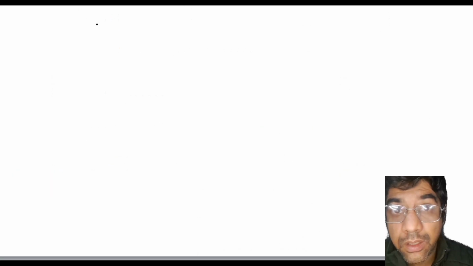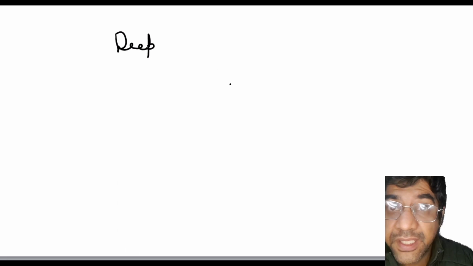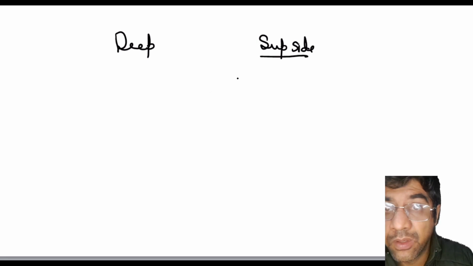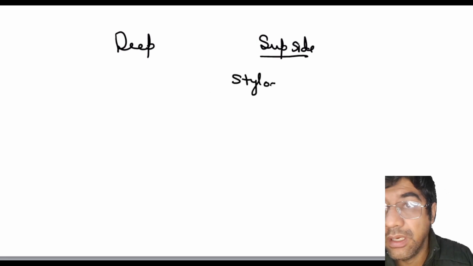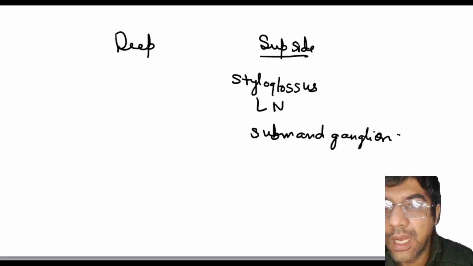Now let us discuss the relations of the hypoglossal nerve. The superficial relations interact with structures like the styloglossus, lingual nerve, submandibular ganglion, submandibular duct, and veins near the hypoglossal nerve.